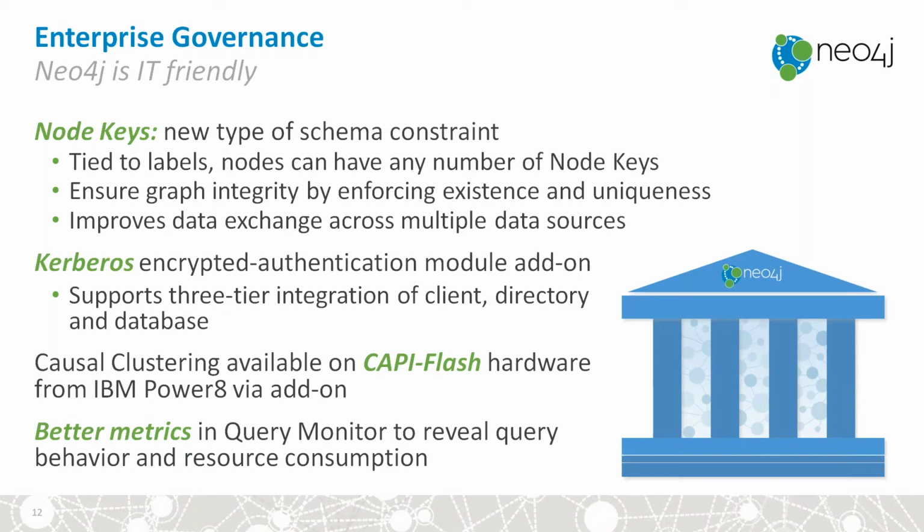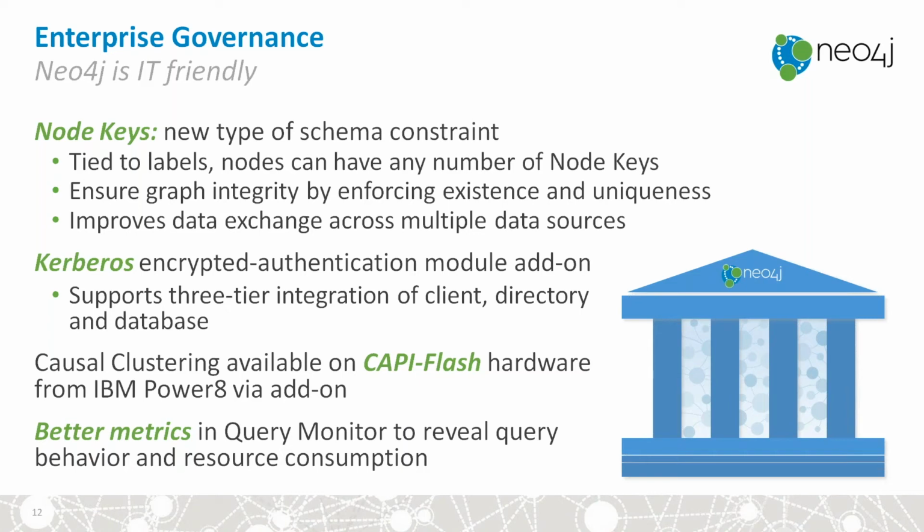And the cool thing about this is it allows us to play nicely within a highly governed environment. So it's tied to particular labels within the graph, and you can have any number of node keys defined against a node, any number of properties, etc. And this makes sure that it enforces existence and uniqueness and keeps whatever data exchange activities consistent, from data source to data source.